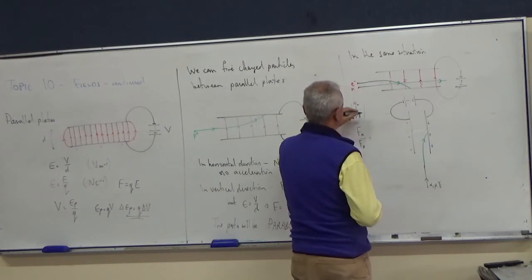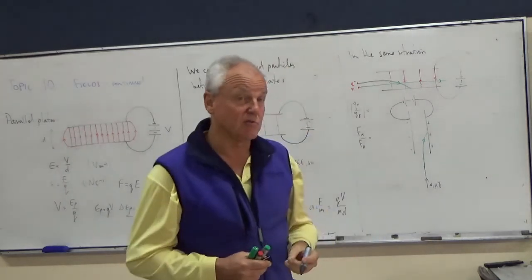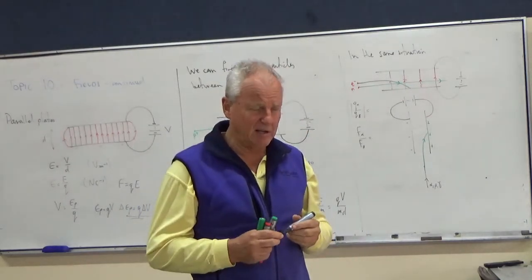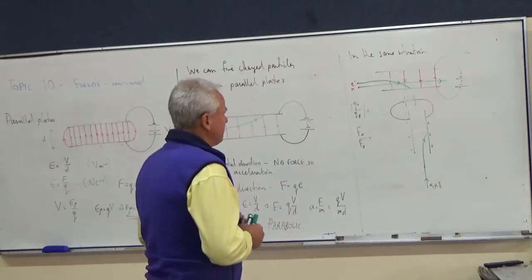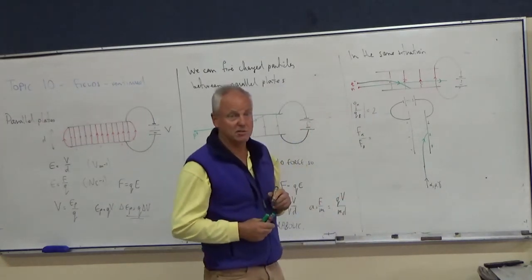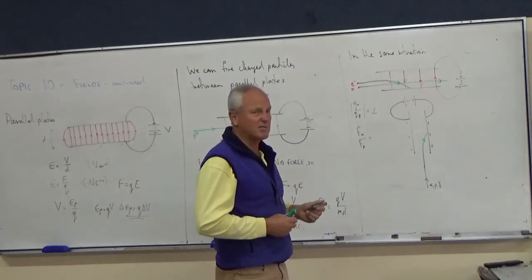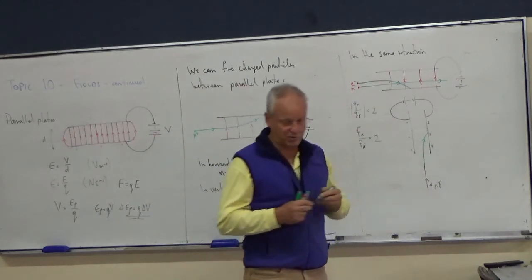Let's find the magnitude of that. An alpha particle's got 2 protons and 2 neutrons. Remember that from when we did the radioactivity. And so it's got twice as much charge. F is equal to QE. They're both going into the same field, so it's got twice as much force.